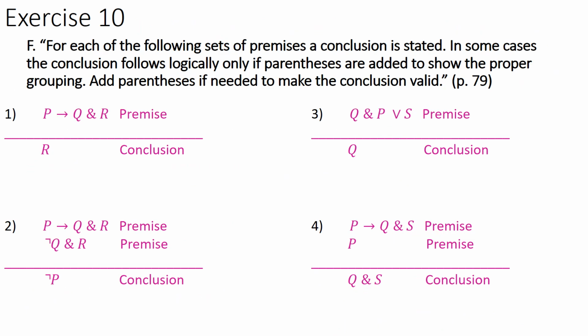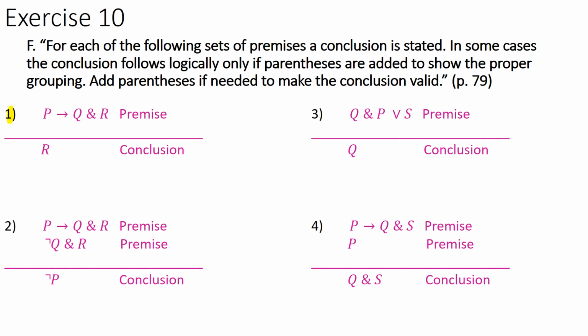Flipping to page 79 of the Suppes and Hill textbook, for each of the following sets of premises, a conclusion is stated. In some cases, the conclusion follows logically only if parentheses are added to show the proper grouping. Add parentheses if needed to make the conclusion valid. For example, with number 1, the premise is a conditional overall. And note, I'm using the Suppes and Hill conventions here, and you should be too.